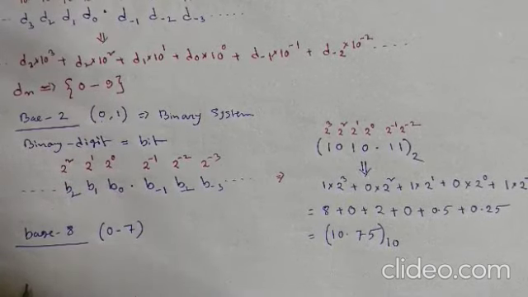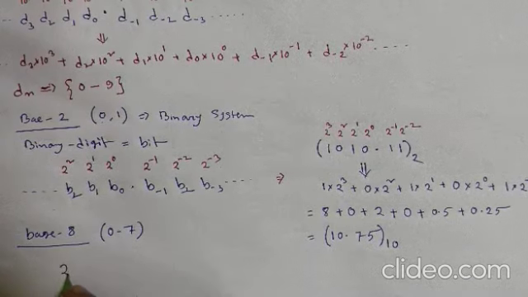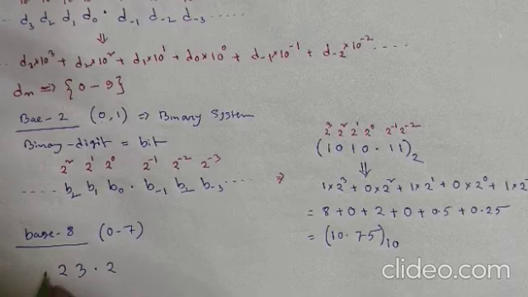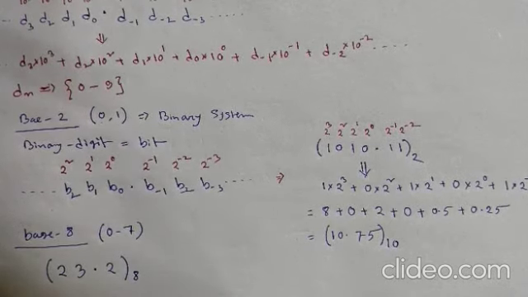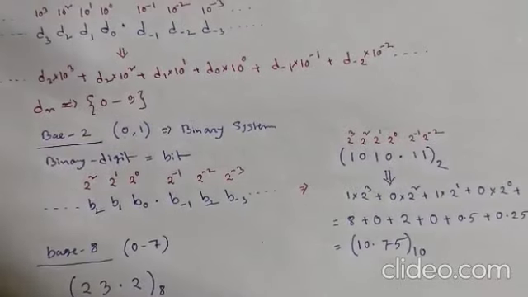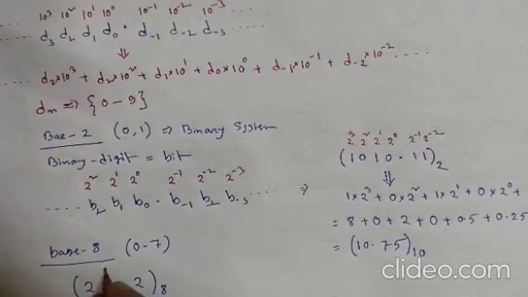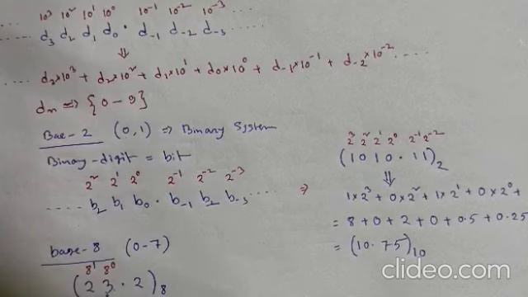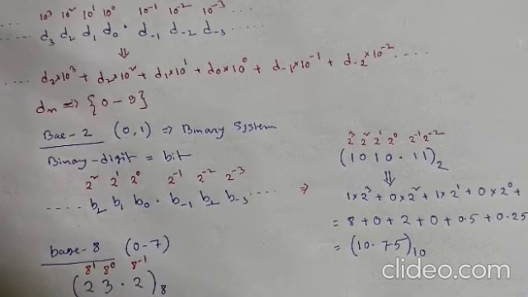In the base 8 system, if we have a number 23.2, to convert it into decimal: before the decimal point the weightage is 8 to the power 0, then 8 to the power 1, and after the decimal point we have a weightage of 8 to the power minus 1.